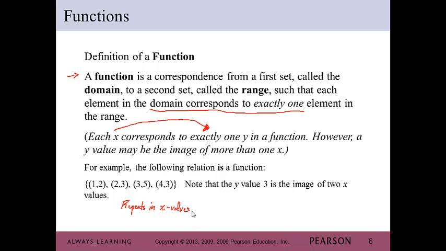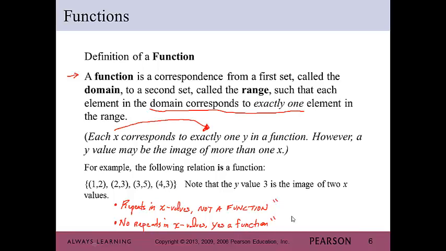If there are repeats in the x values, then it's not a function. And if there are no repeats in the x values, then you can say yes, a function.